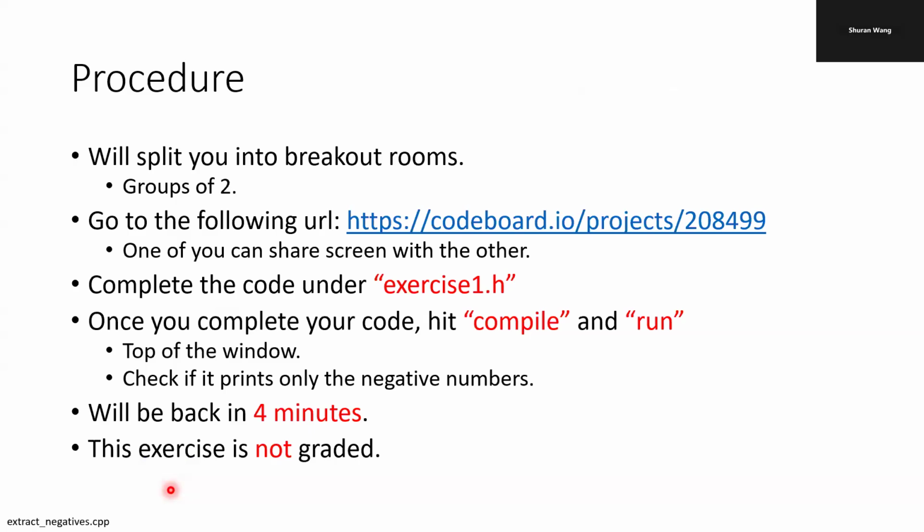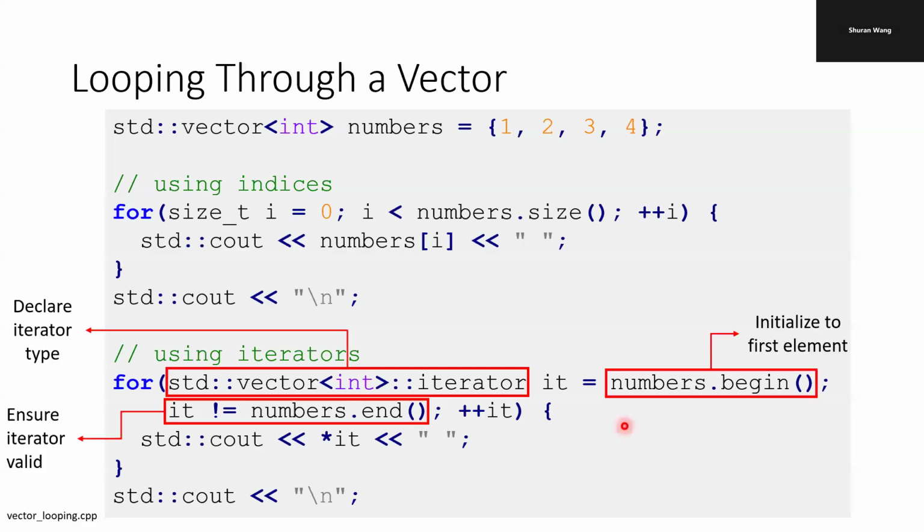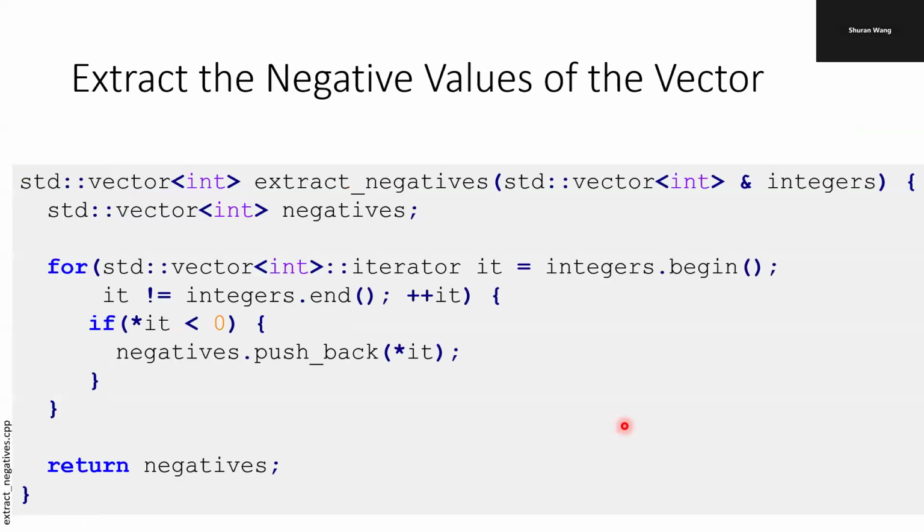Let's go to this URL and complete this exercise 1. You should arrive at something similar to this. So we are making a for loop. We make an iterator it that starts at integers.begin.